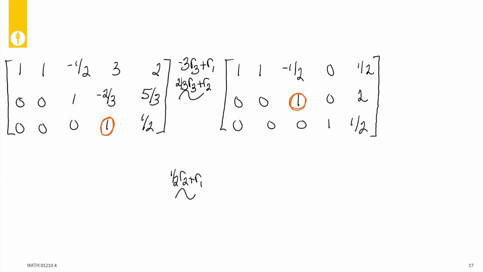Half row 2 plus row 1 replaces row 1. Right, and again, because the entries before that leading 1 are 0, the entries above those in row 1 don't change.